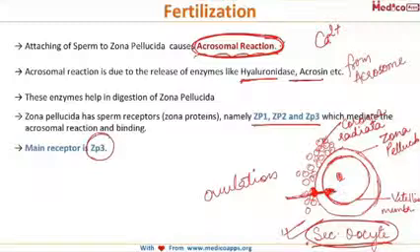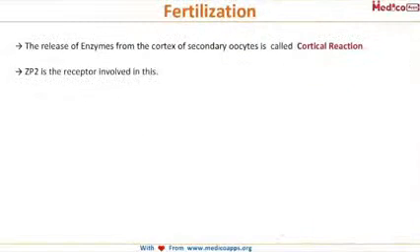Now once the sperm has entered the secondary oocyte, it causes the release of cortical enzymes from the secondary oocyte and this is called cortical reaction. The receptor involved is ZP2. Remember, the main receptor involved in acrosomal reaction is ZP3 and the main receptor involved in cortical reaction is ZP2.